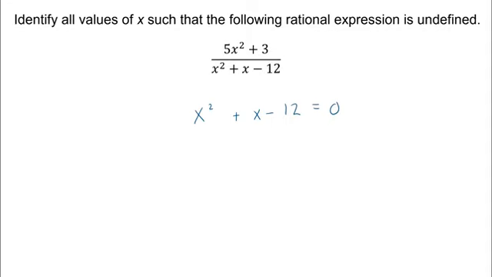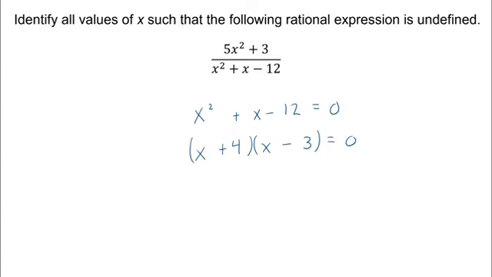All of my terms are on the left side and 0 is on the right. So now let's factor the left side. The left side, x squared plus x minus 12, will factor into x plus 4 times x minus 3, and we still have equals 0.